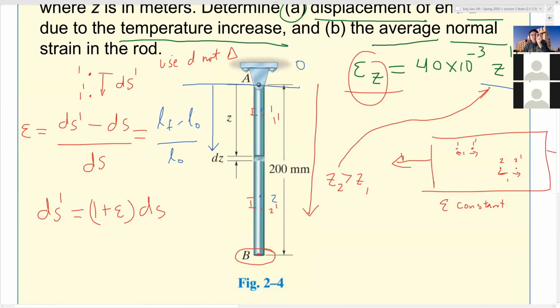So ds prime is, remember, when 1 goes from 1 to 1 prime, infinitesimal. It's very, very small. It's the calculus of the small, the d, right? But I want to know the total, every single little particle, right? And as Colin said, you're going to add it up. And a fancy way of adding it up is integrate.